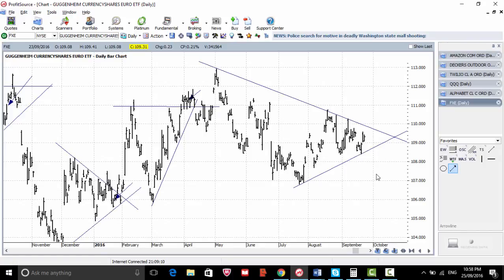That'll be our next decision point, where we'd either take off the calls or take off the puts depending on which direction it's broken out. So watch out for the next update video for the euro, at which point we will make a decision, take off the calls or the puts, and continue to trade this.